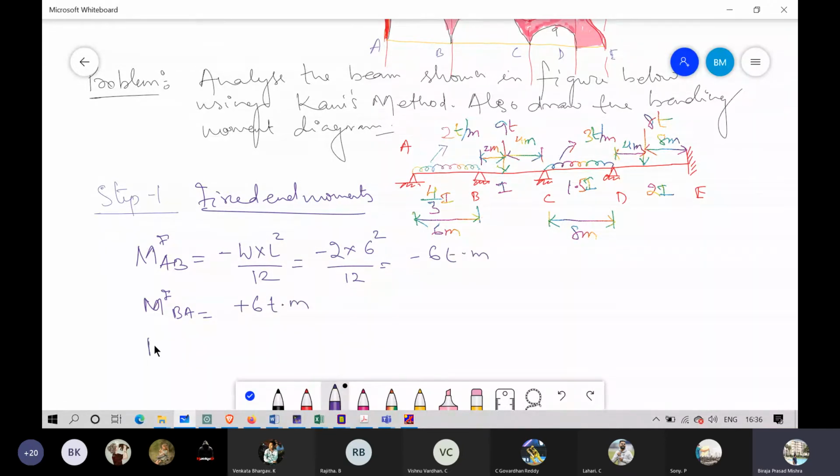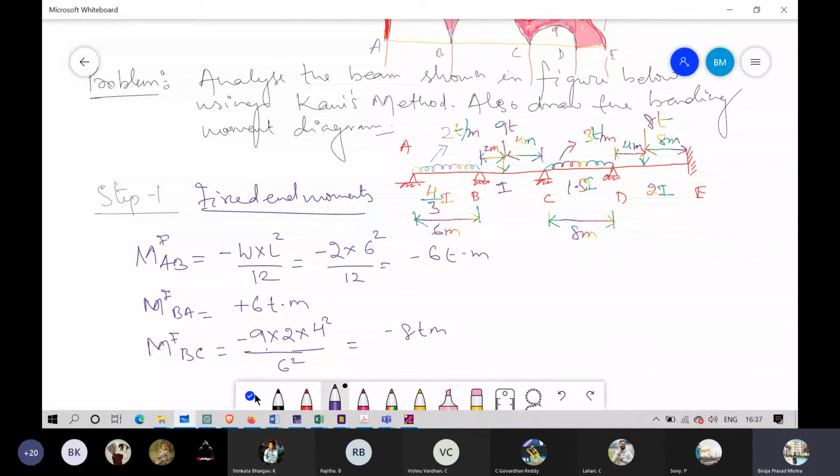Okay, now BC, how much will be MFBC? Minus 9 into 2 into 4 square divided by 6 square. So how much is it coming? Please tell. Minus 8 ton meter.